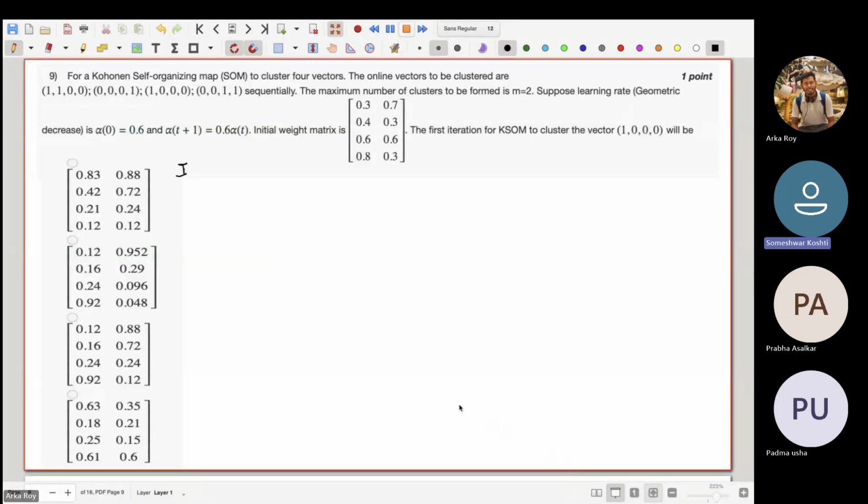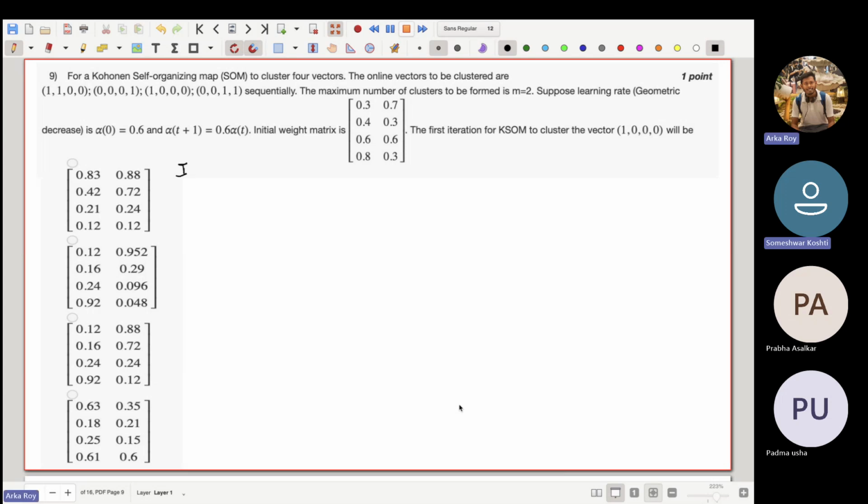What I have inferred here is that if your self-organizing map is fed with those input vectors, like 1 0 0 0, 0 0 0 1, 1 1 0 0, and 0 0 1 1, sequentially, and the maximum number of clusters that we want is two, we want to divide them into two clusters.